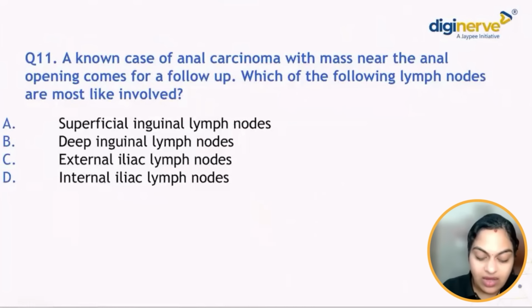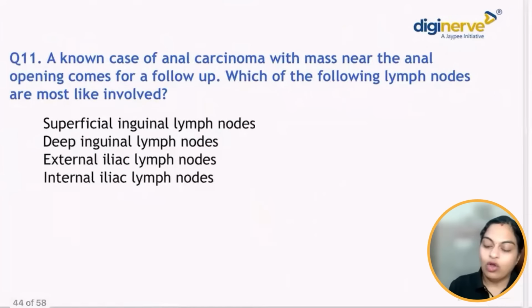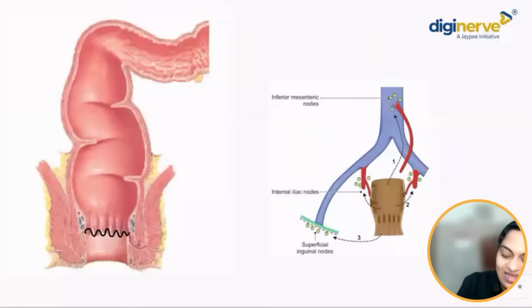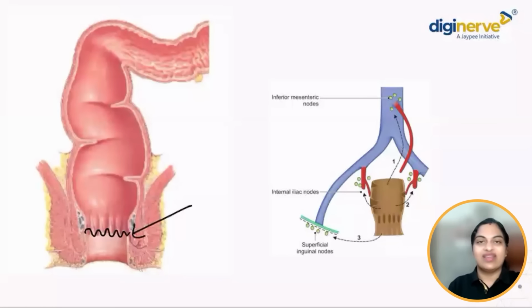11th question. A known case of anal carcinoma with mass near the anal opening comes for a follow-up. Which of the following lymph nodes are most likely involved? Again, all of you know that this is a very high-yield topic. So what is this landmark that you see here in the interior of the anal canal? The pectinate line.